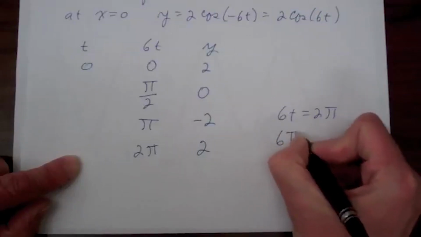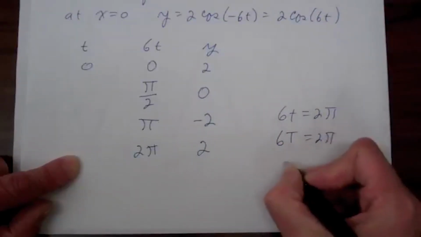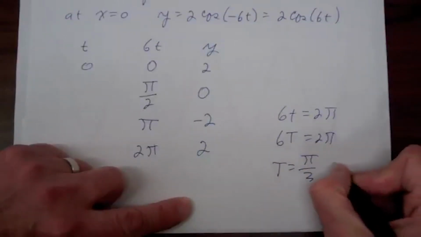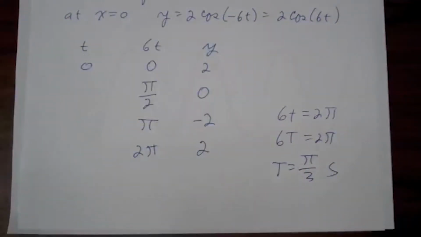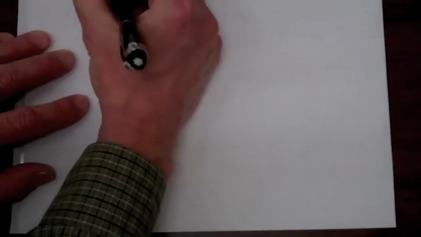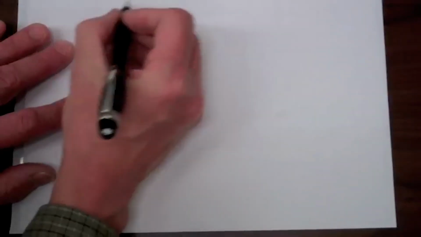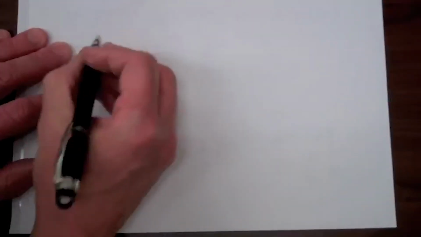So that would be 6 times the period is equal to 2 pi, or the period is equal to pi over 3 seconds for this wave. Okay, so that's the amount of time it takes it to perform one cycle. So pi over 3 seconds per cycle.